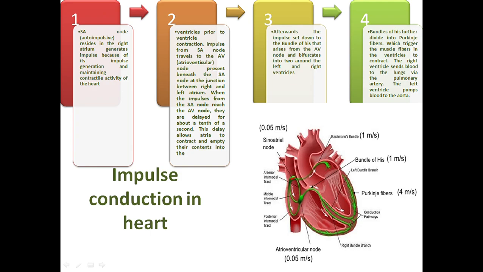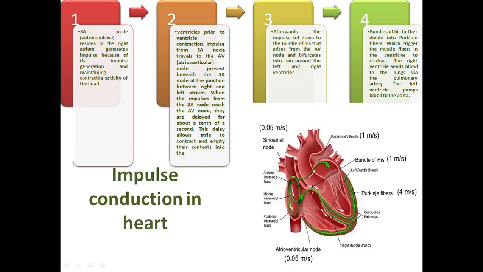The impulse generated from the SA node travels through the internodal tract to the AV node, known as the atrioventricular node, which is present beneath the SA node.